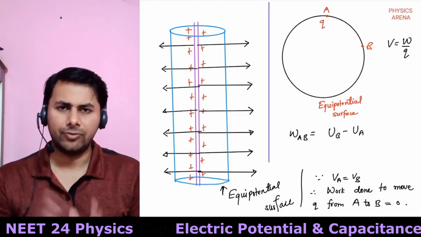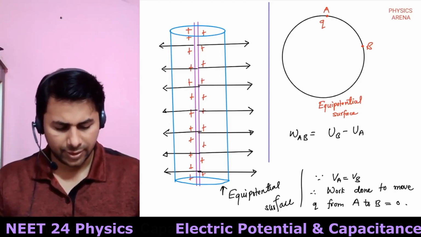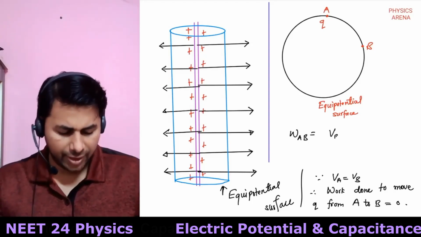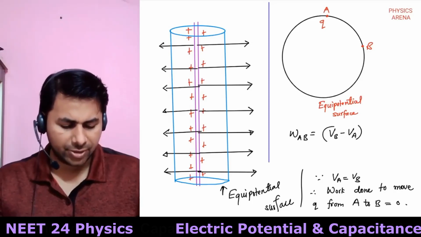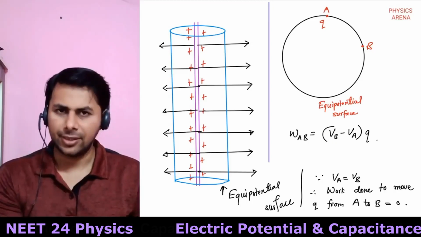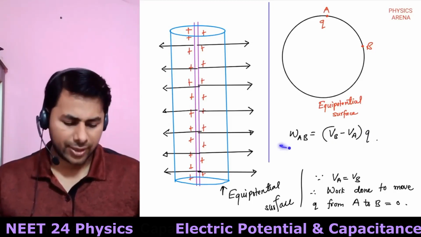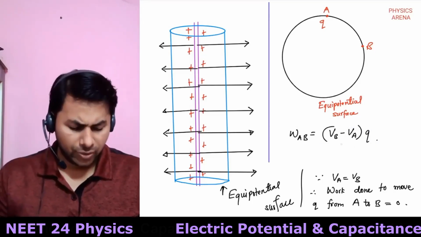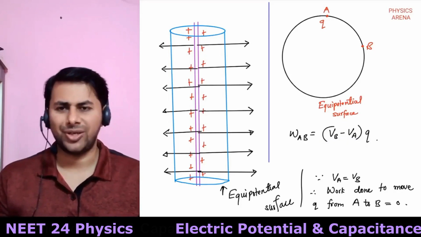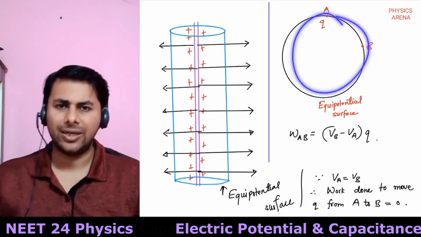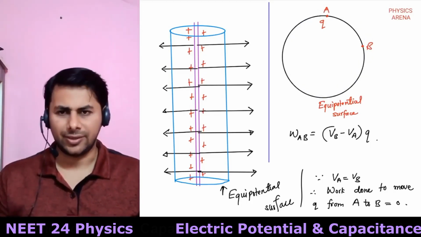Work done will be V times Q. In terms of V, it is V at B minus V at A, times Q, because we are moving it from A to B. So work done is the final potential minus the initial potential multiplied by the charge. If the potential is equal, the potential difference is 0, so there is no work done. So to move a charge on an equipotential surface, no work is done.